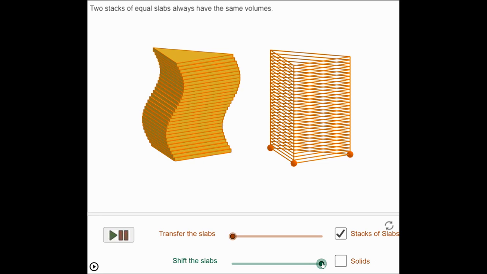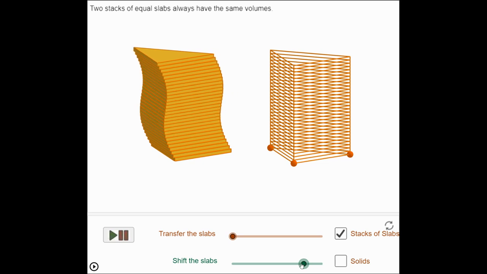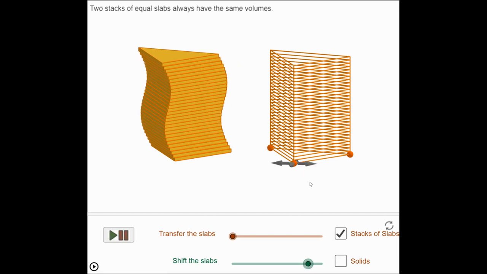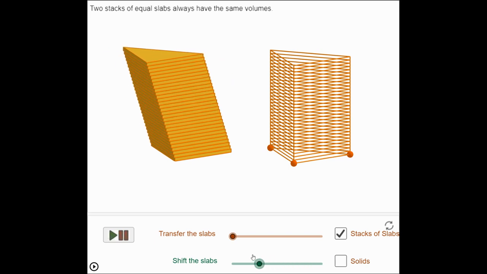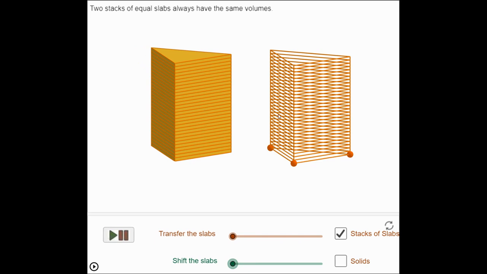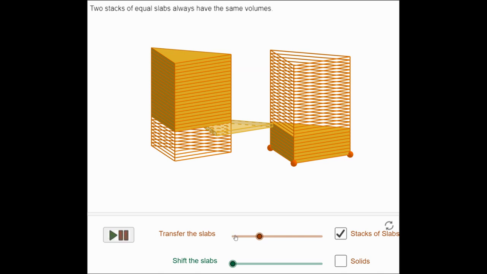So here we have what was initially given to us. It doesn't really matter how we curve this figure, those two solids are still going to have the same volume. So how about we rearrange it in such a way that now it's completely identical. And we can see more clearly that those two solids have the same volume. And this is what we refer to as Cavalieri's principle.